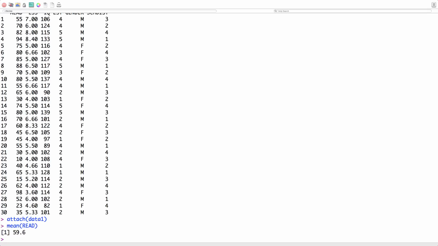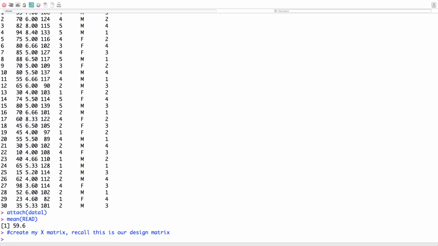All right, so the first thing I want to do is create my X matrix, and recall, this is our design matrix. First I want to set up a table of values. If you remember, the first column in my design matrix has to be all ones.